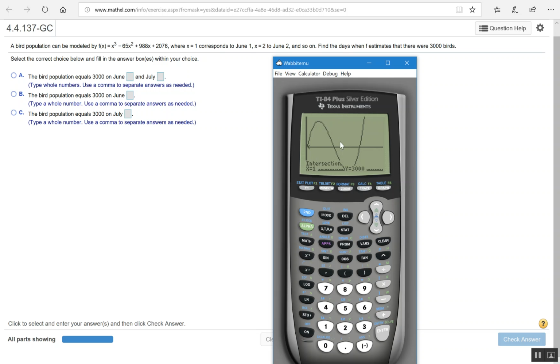Let's see the next intersection point. I'm going to calculate again: second, calc, intersect. For the first curve, I want to look at the second intersection point.